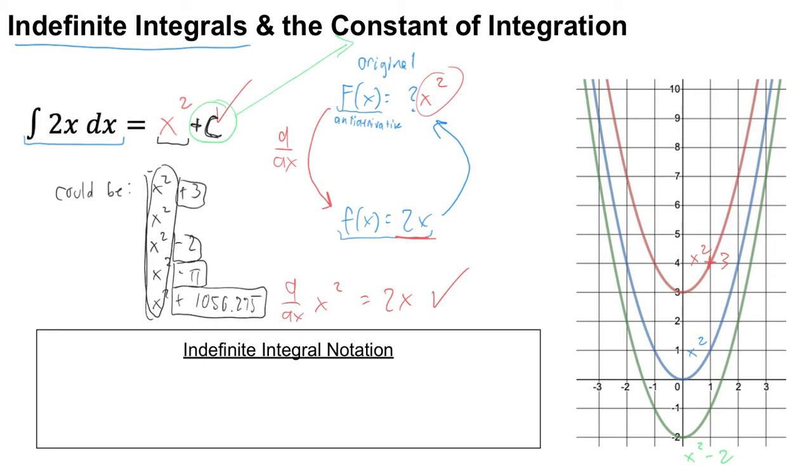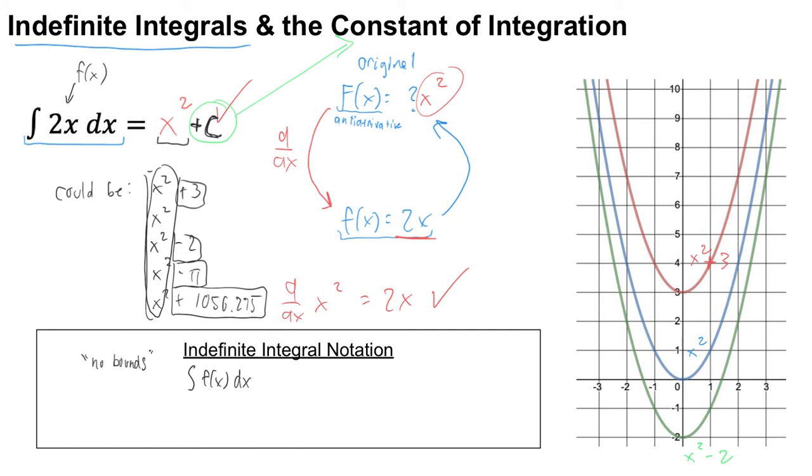All right, so let's summarize in some clean notes. So if we have an indefinite integral of some function f of x that's given to us. In our case, we were given 2x. Okay, so some function. And we know that there's no bounds because indefinite integrals don't have any upper or lower limits.